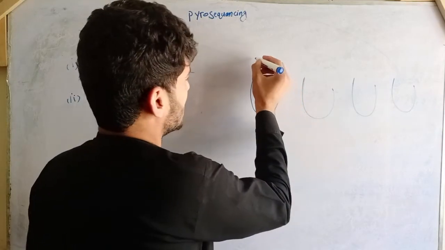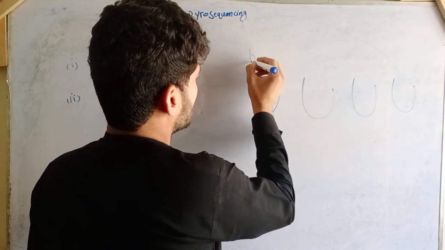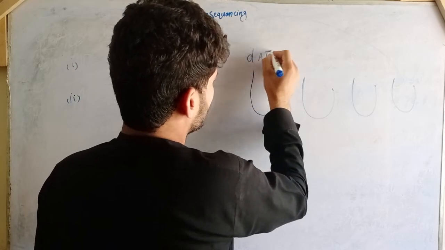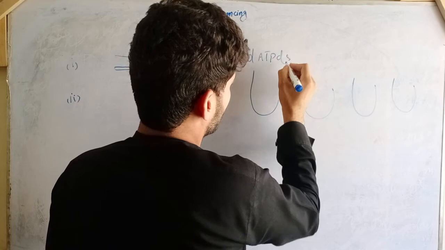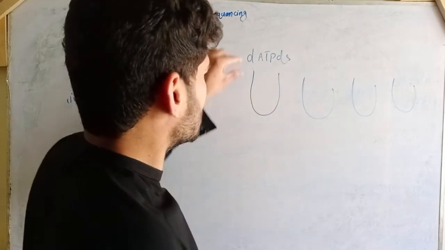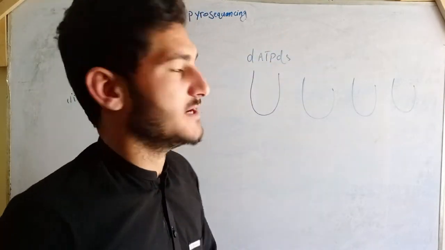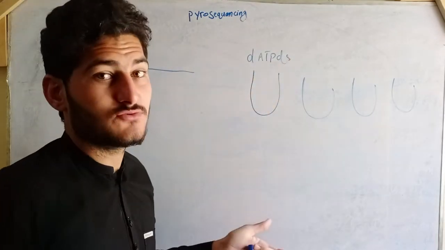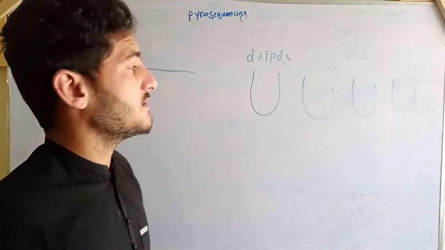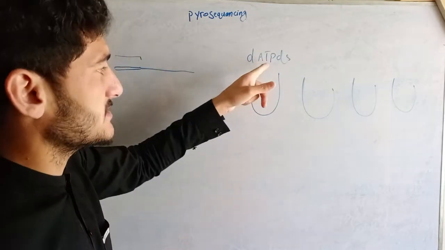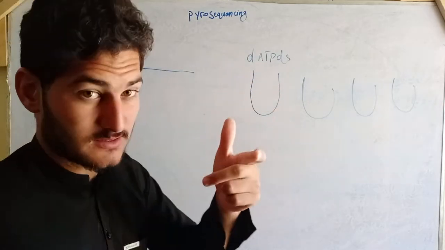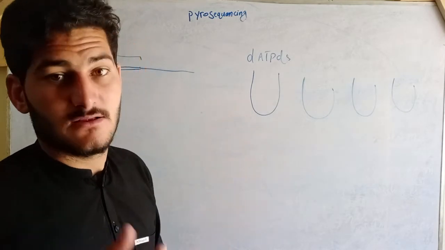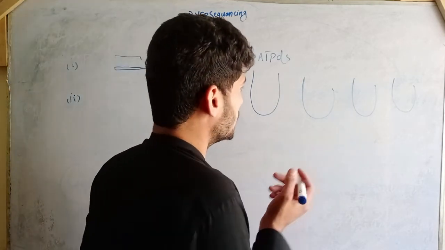The first is dATP alpha S. This type of ATP is modified so that it is not used to convert luciferin to oxyluciferin. That is why this adenosine triphosphate nucleotide is modified.